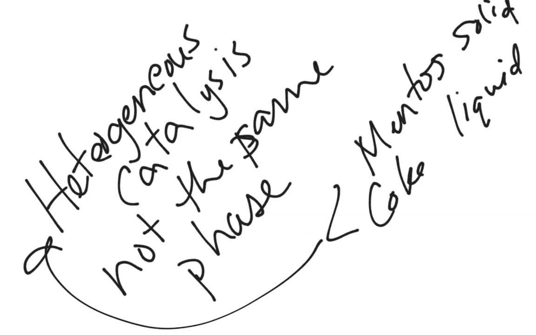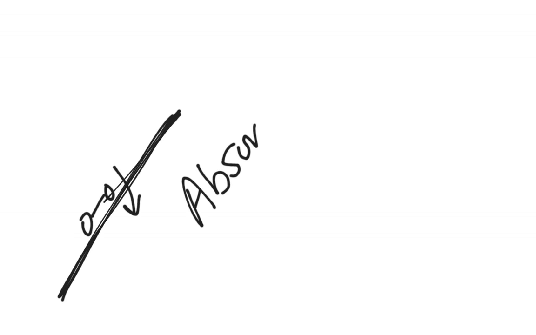If you have a heterogeneous catalyst, what it does is it provides a surface for the molecules to bond to and work on. Because it never actually goes in, it is not absorbed, which is the word we are used to using; it is adsorbed.